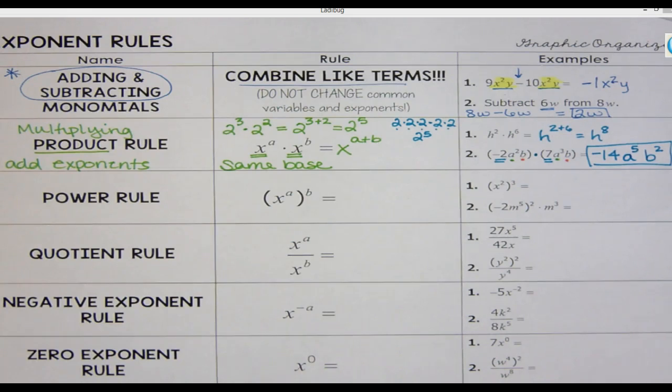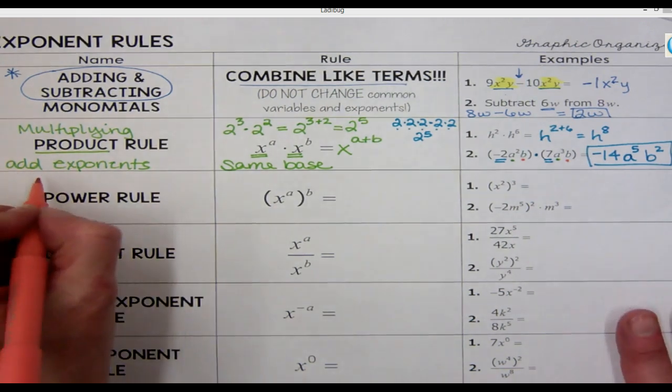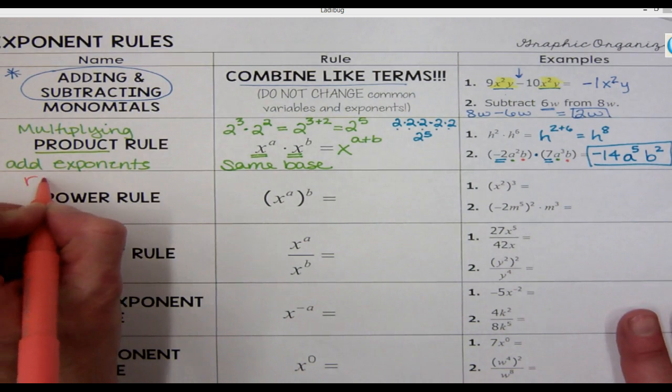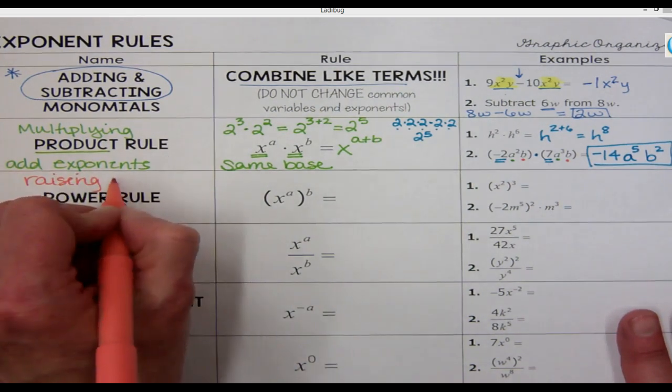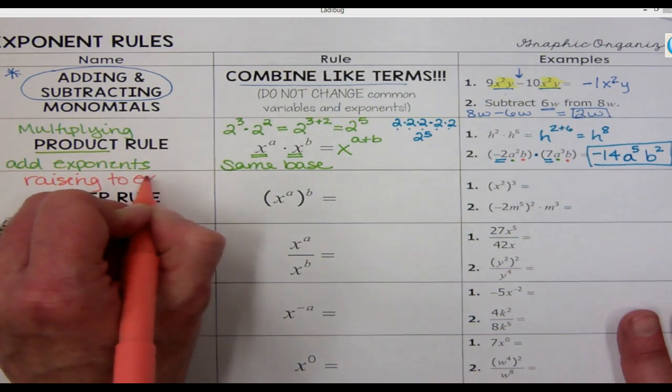Okay, for the next one, the power rule. The power rule is when you are raising a power to an exponent.